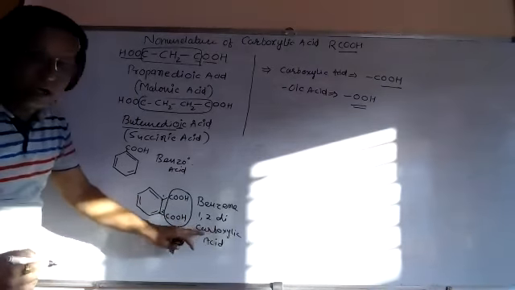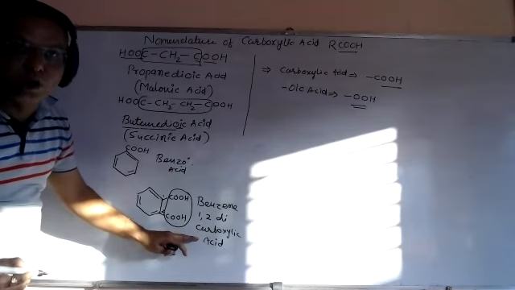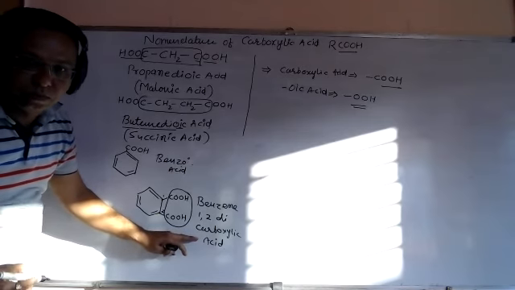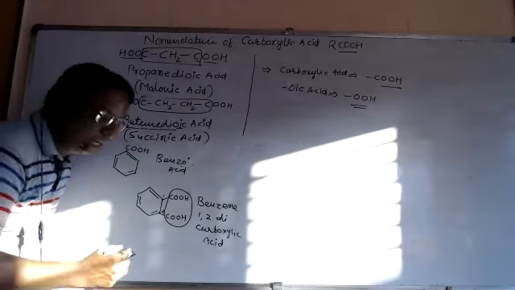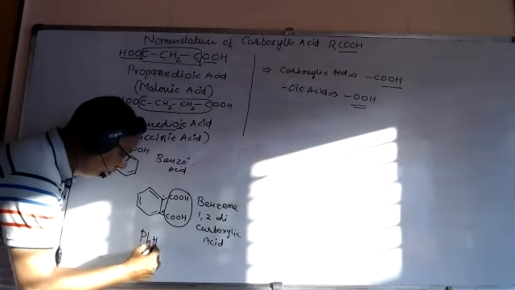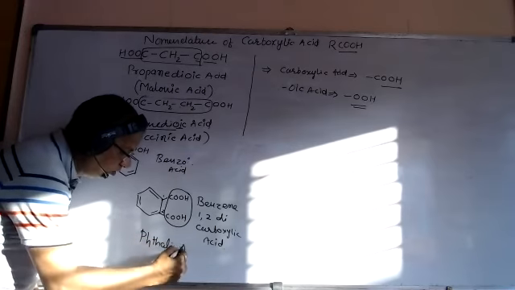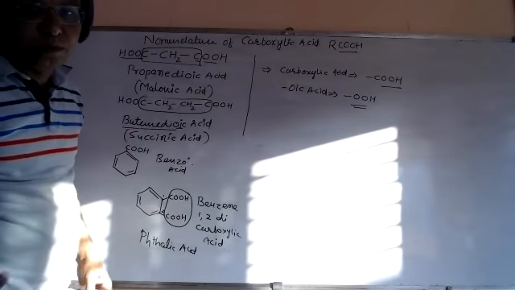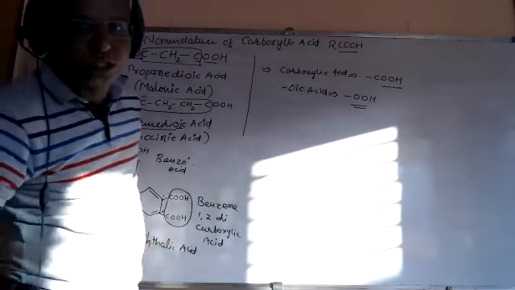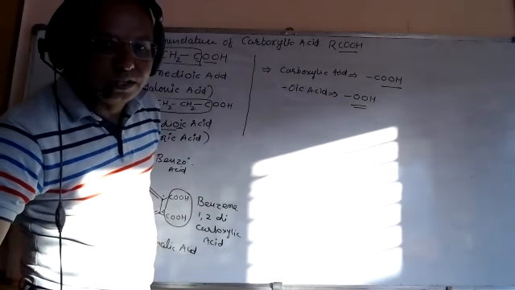That's why they are separately written as carboxylic acid. And its common name is phthalic acid. Okay, friends. So these are important carboxylic acid compounds.